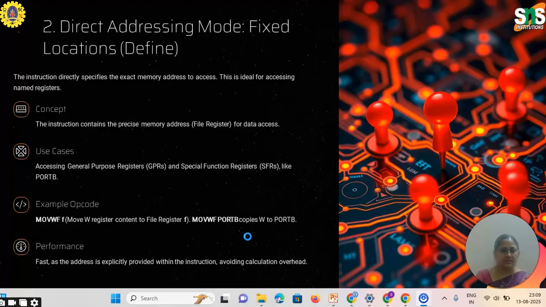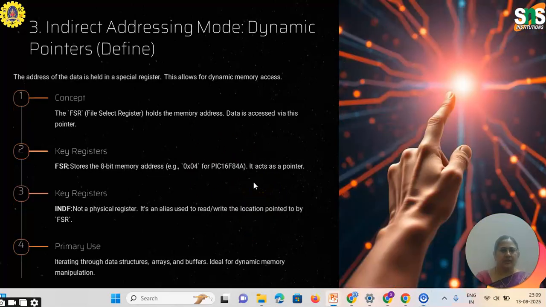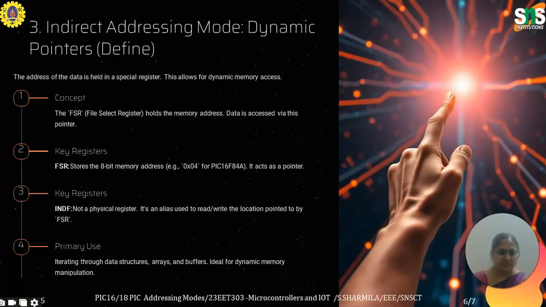The third addressing mode is the indirect addressing mode, which uses dynamic pointers. The concept behind this is that the FSR, file select register, holds the memory address, so the data is accessed via the pointer.